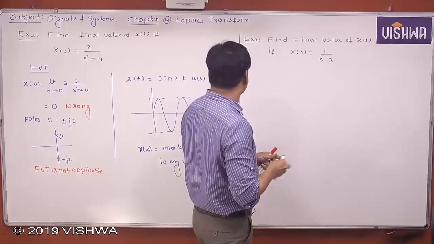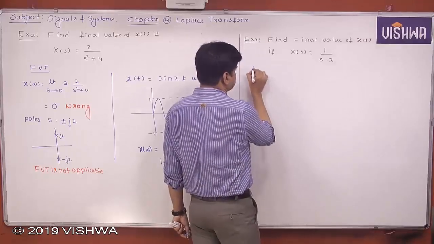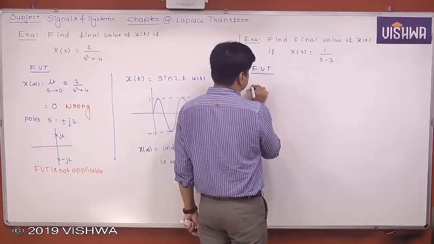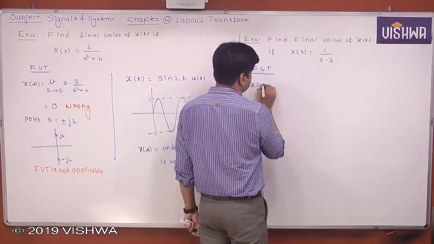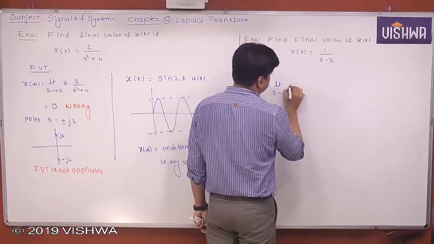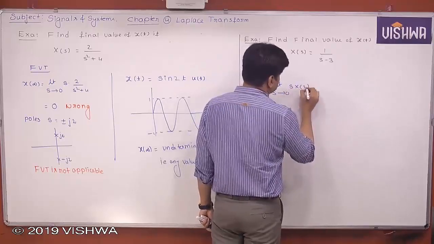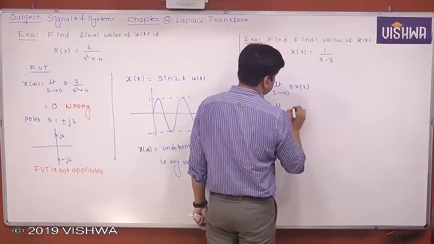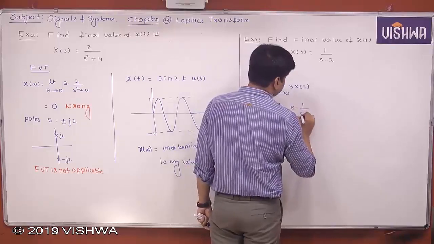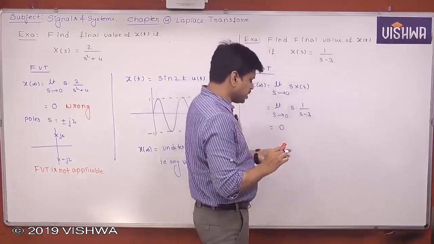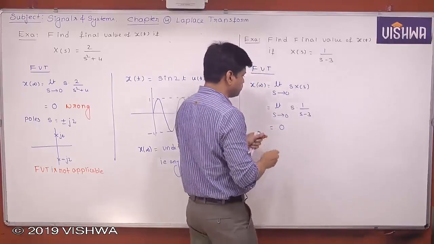Here also, if I directly go with the final value theorem, x of infinity is equal to limit s tends to 0 s x of s, so this is limit s tends to 0 s into 1 by s minus 3. So finally this is going to be 0. This answer is also a wrong answer.